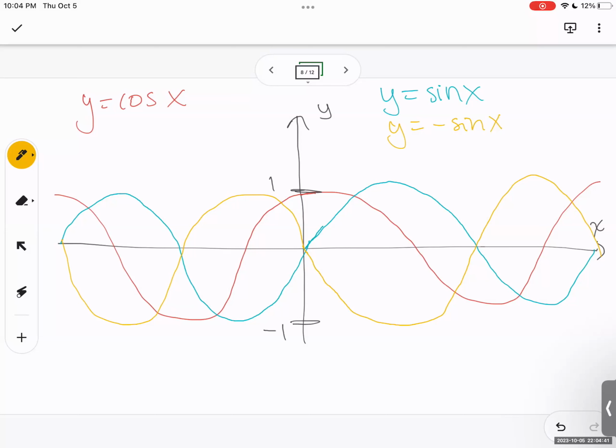So to find the negative value, we flip the graph upside down in the x-axis. So we can see that the yellow curve and the blue curve are mirror images through the x-axis.